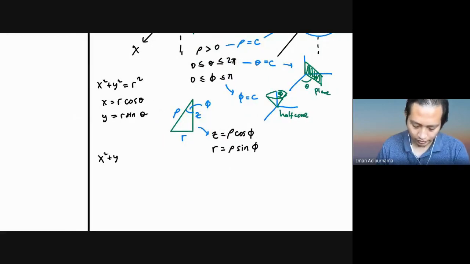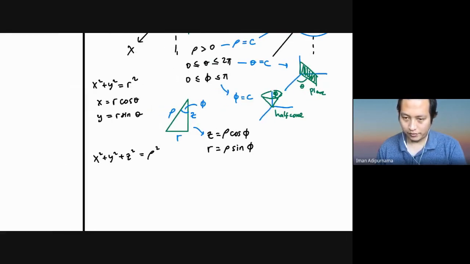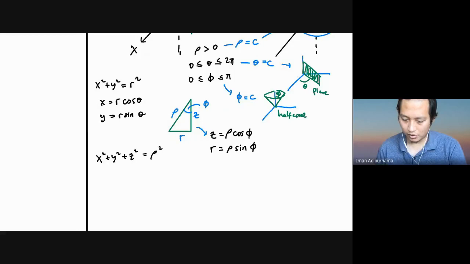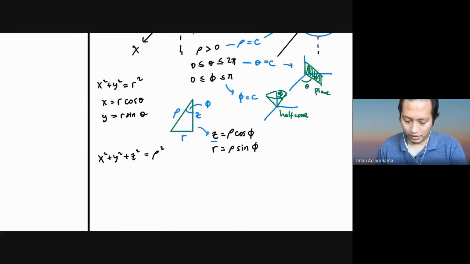you have also the sphere equation, which is x squared plus y squared plus z squared equals r squared, okay? And by doing so, you are writing all the terms now. You have the z, you have the x, you have the y, okay?